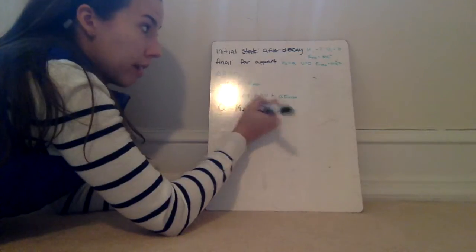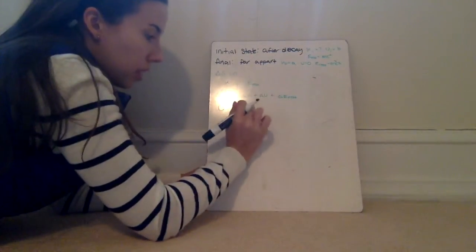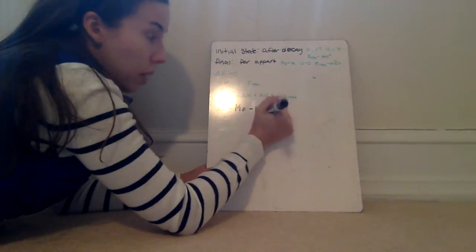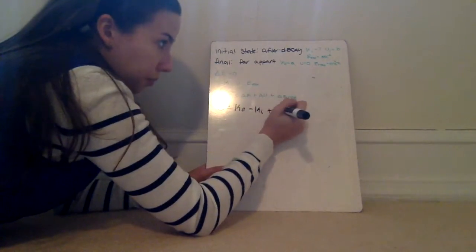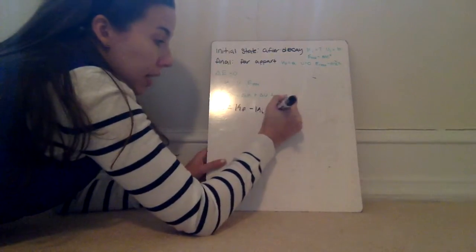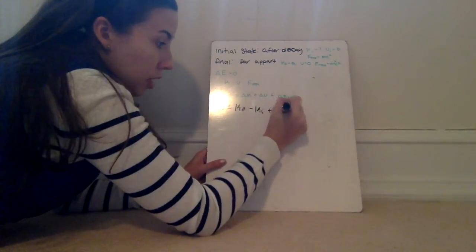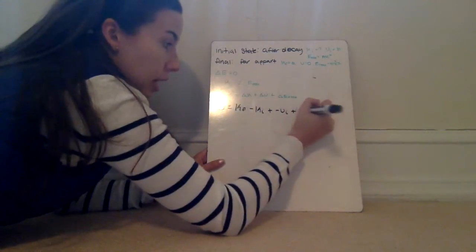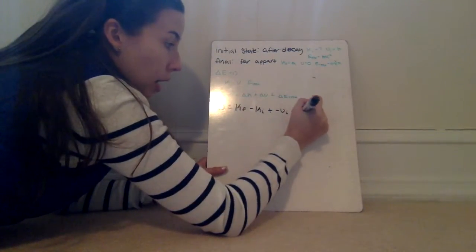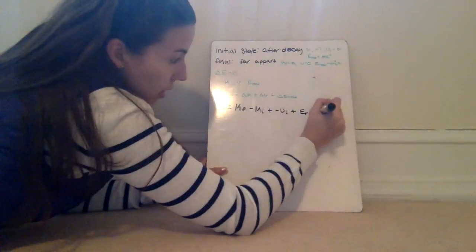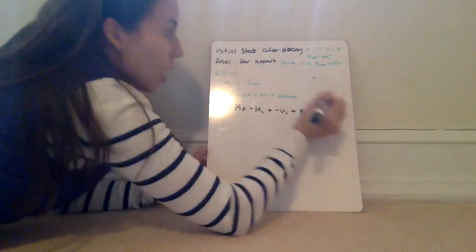K final, which is what we found in part A, minus K initial, which is what we're solving for, plus the final potential energy, which is 0, minus the initial potential energy, so minus U initial, which we found in part B, plus E rest final minus E rest initial.